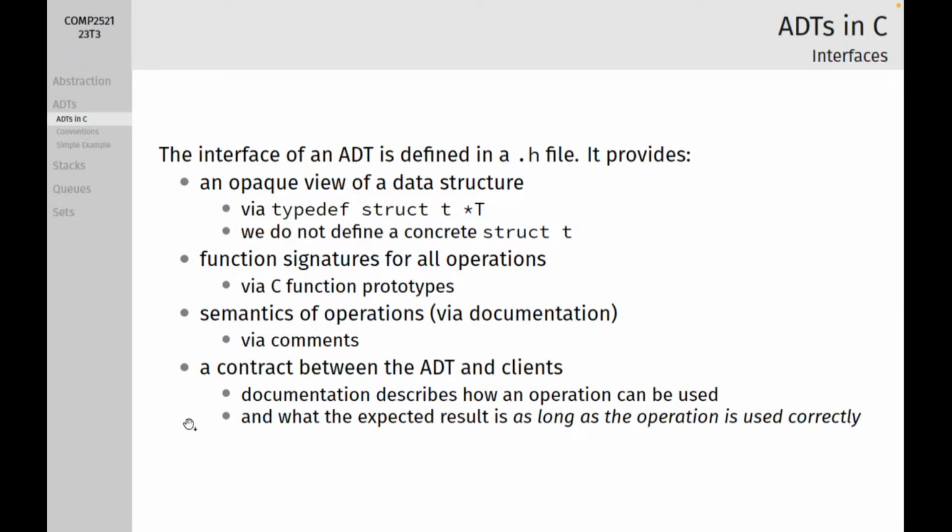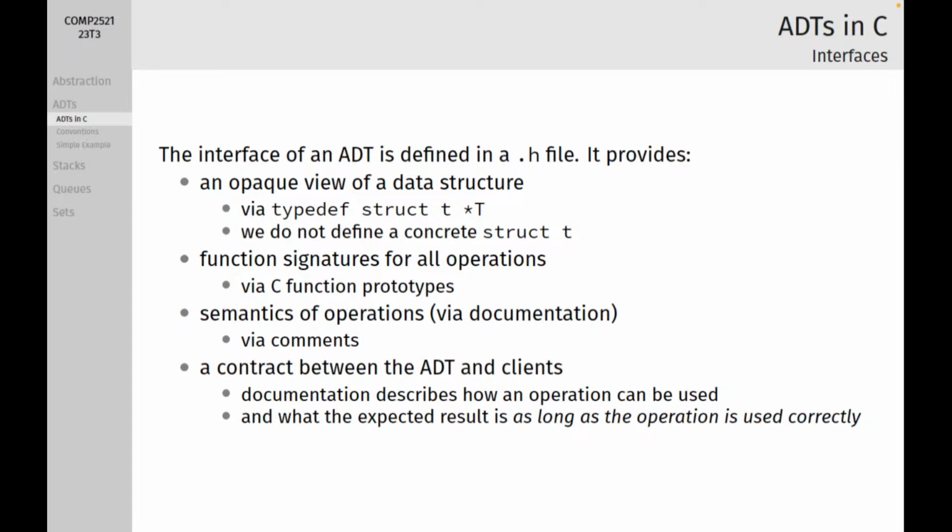Okay, and yeah, so an interface basically forms a contract between the ADT and its clients. So what does that mean? The documentation describes how each operation should be used. For example, comments for an operation might say the integer that you provide has to be positive.